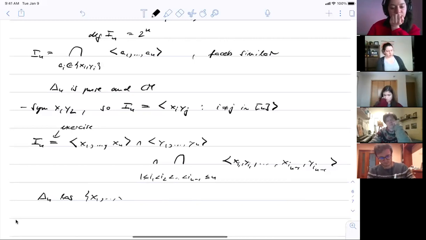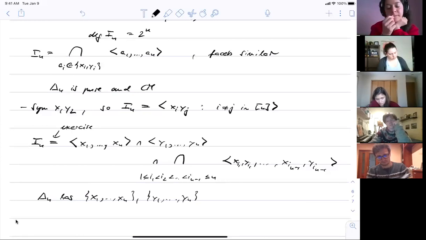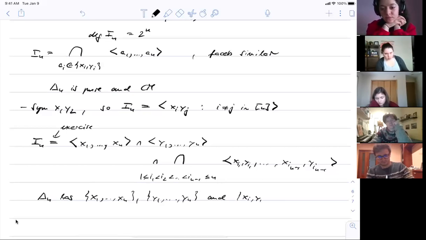We have x1 to xn, then we have y1 to yn. And here we said we leave out just one index and then take both the variables. So this is xi, yi, where i is any integer between 1 and n.